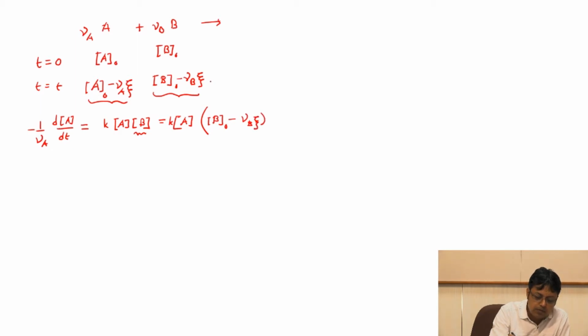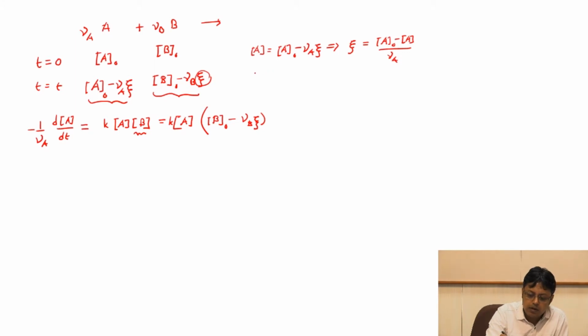But what is the value of xi here? Let us see. I know that a is a0 minus nu a into xi, which means xi is nothing but a0 minus a divided by nu a. And similarly, you can write for b as b0 minus nu b into xi.